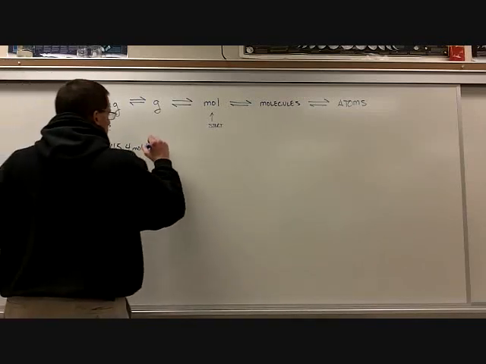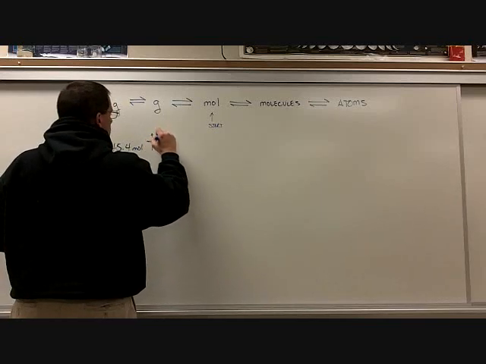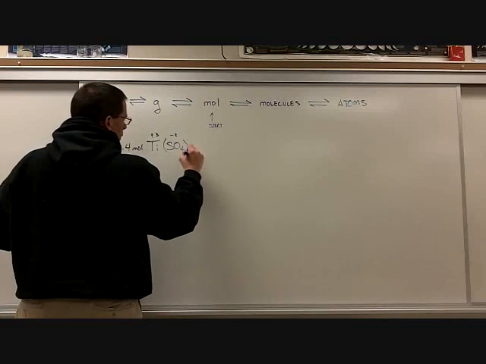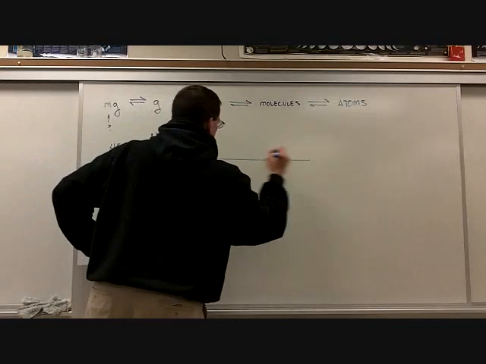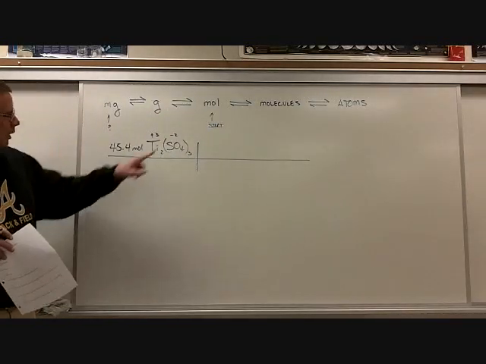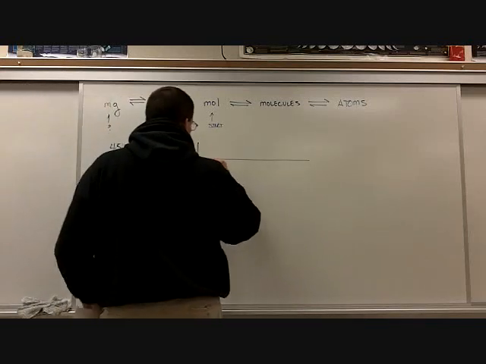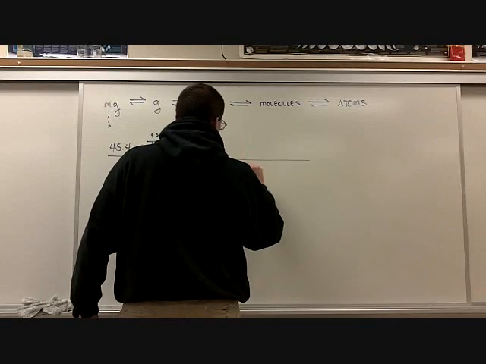Again, titanium, Ti, and in this case it has a +3 charge. Sulfate, SO4, -2. So we need 3 of those and 2 of those. Okay. Since we're going from mole to grams, we're going to have grams on top, but again, that's our molar mass. So 1 mole of titanium sulfate.